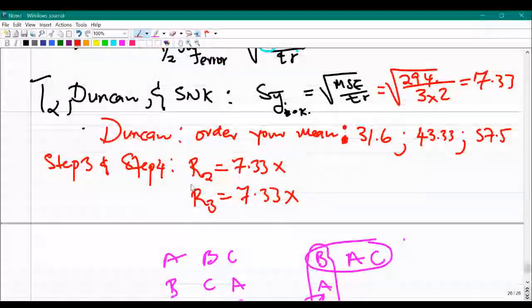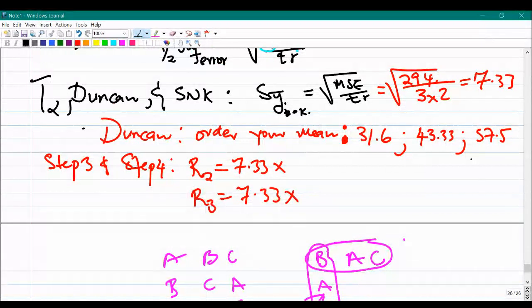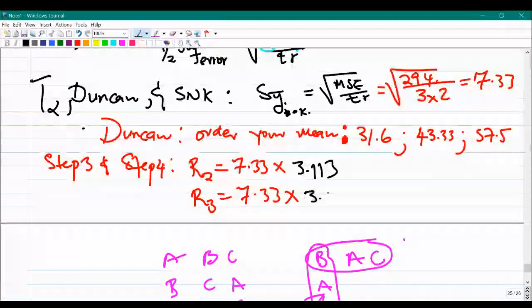The first value is 3.113. The second one is 3.256.